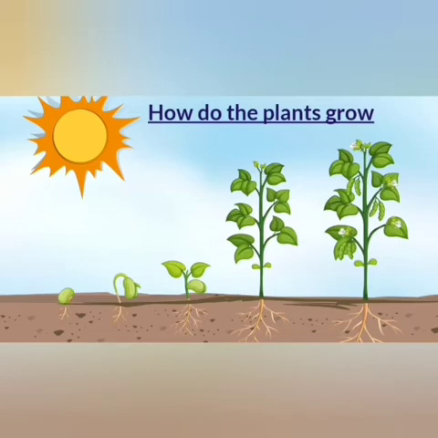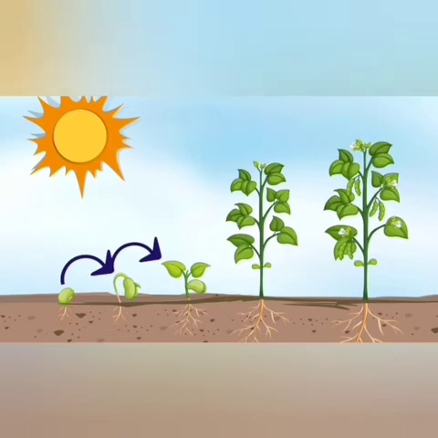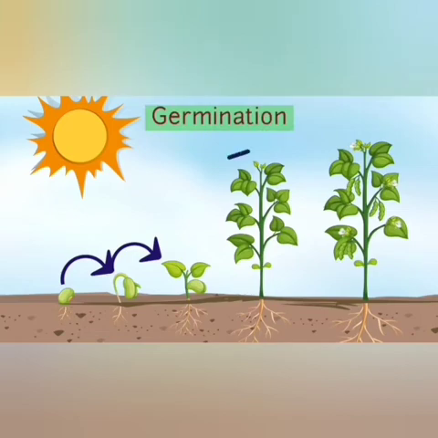The first sign of growth is the tiny root which comes out of the seed. Slowly, the shoot also starts growing upwards. Soon we see a baby plant grow with tiny leaves. This process of growth from a seed to a plant is called germination. So children, this is how plants grow.